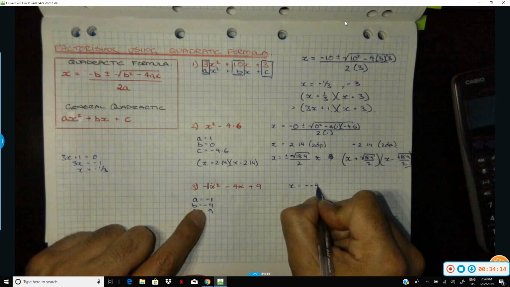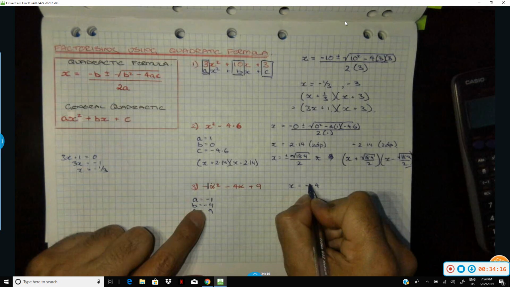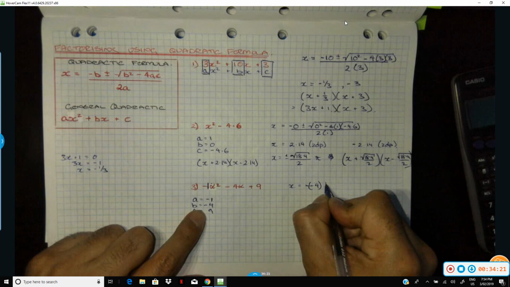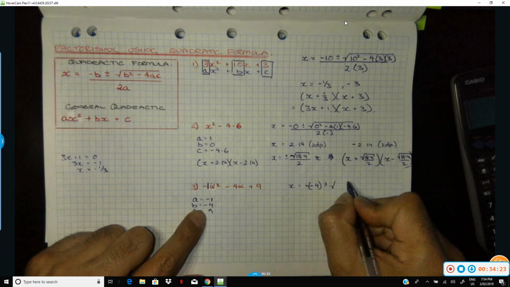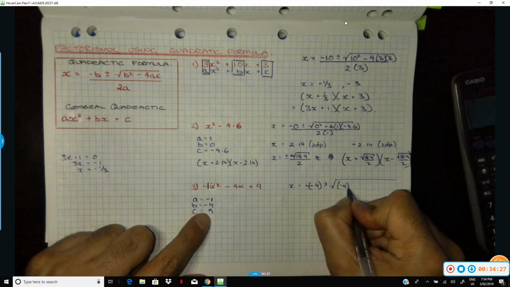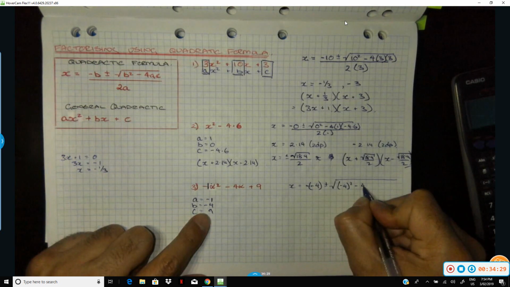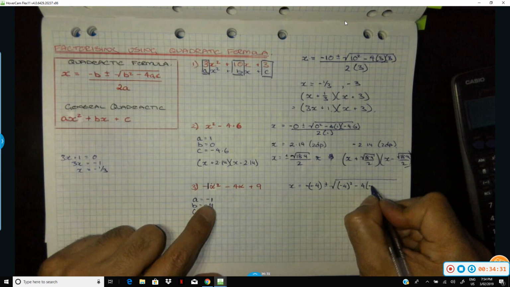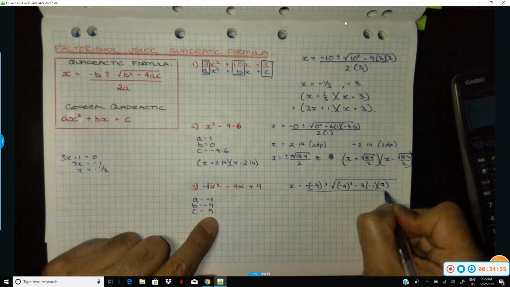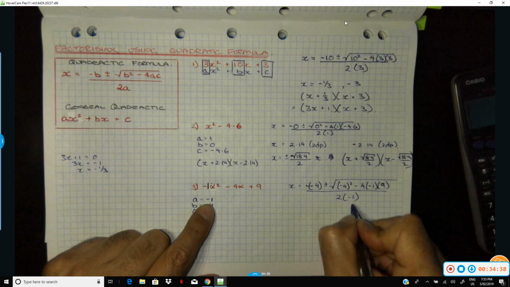Negative 4, that's going to be a positive, plus or minus the square root of negative 4 squared minus 4 lots of A, which is negative 1, lots of C, which is 9, all over 2 lots of negative 1.